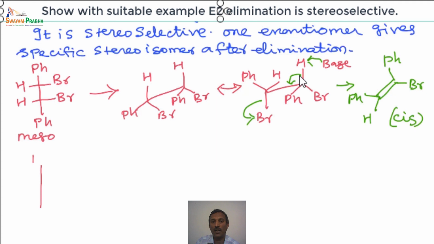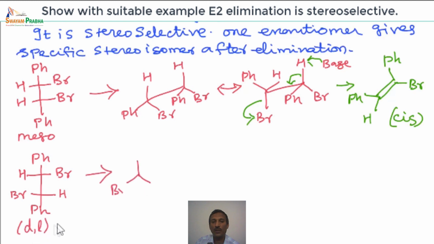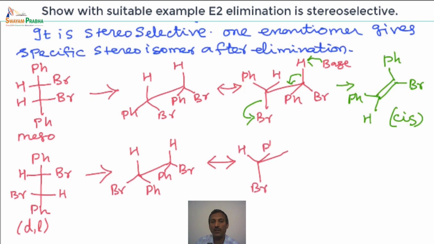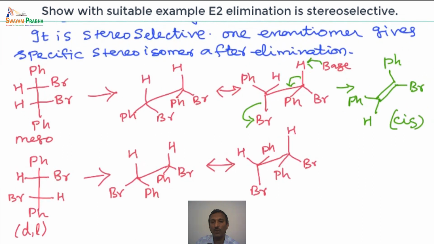The bonded electrons are shifted between this carbon and this carbon. Now the leaving group leaves to give the cis isomer as the product. So the meso starting material gives the cis isomer. And when we take the DL isomer, this gives the other product, which is the trans product. Let us see how the reaction actually proceeds.